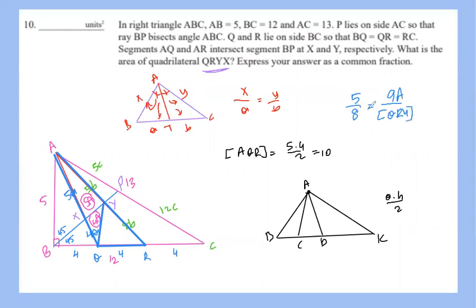If you do cross multiplication, you will get the area of QRY, which will be 72A over 5. So this region is 72 over 5A, and then we had 4A right here as well. If you combine these two, which is what we want, right?